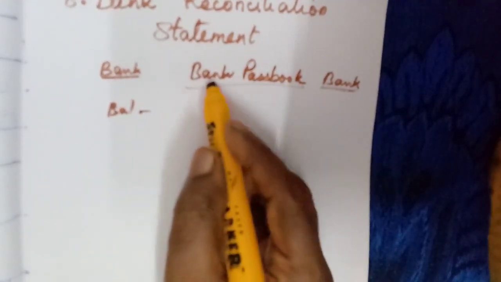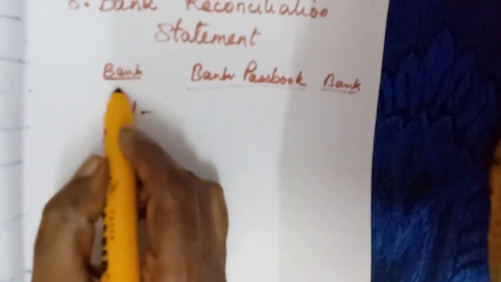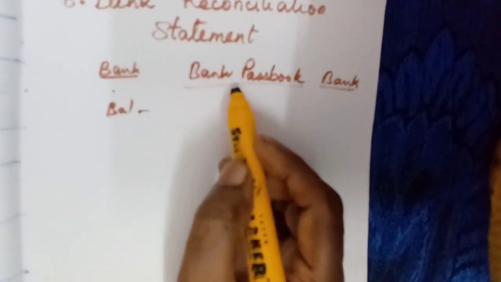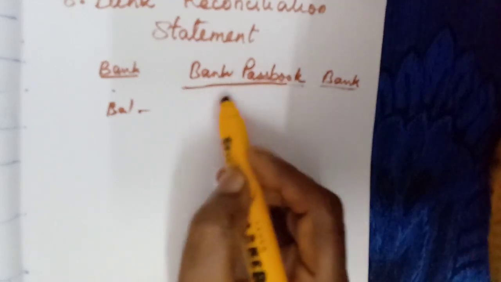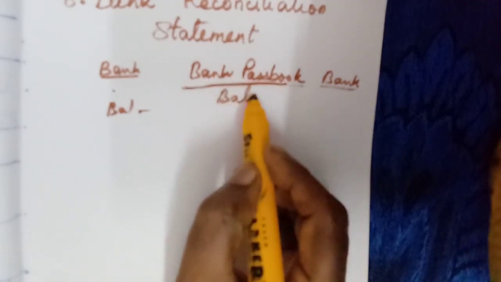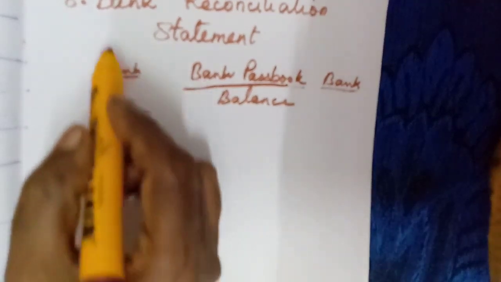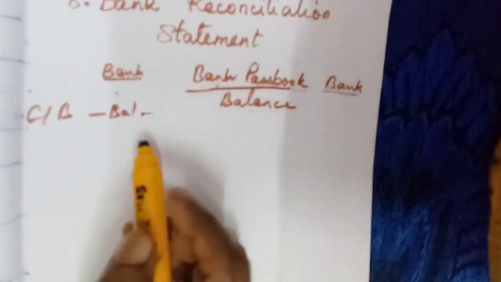So we can compare on a particular date, because we prepare the cash book at the end of the financial year. On the same day, we have to check the bank passbook balance also. Cash book balance and bank passbook balance.